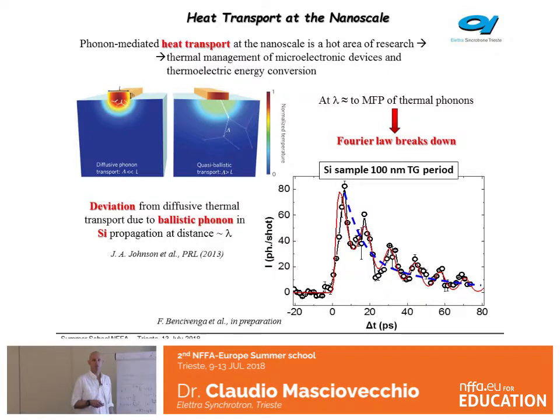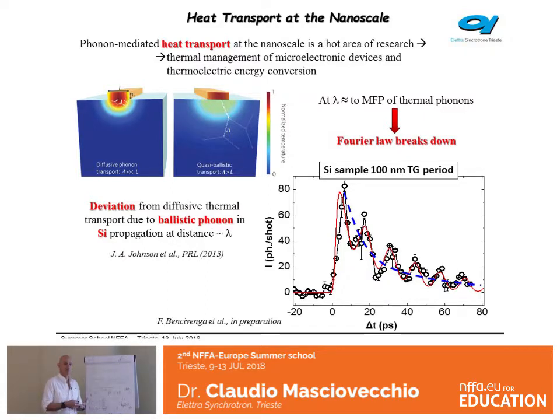And this usually happens when you go to the nanoscale. Phonons can travel much more in your sample than the hot region before releasing heat. So what you can do is measure how this heat transport happens in your system. I was showing you the decay before in the spectra.